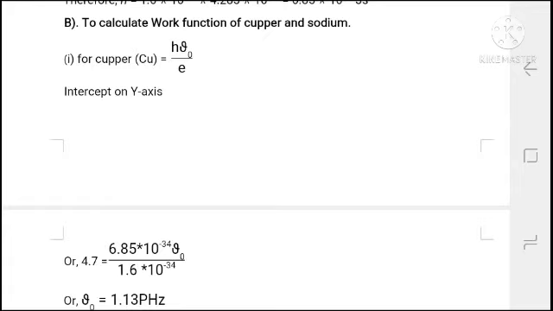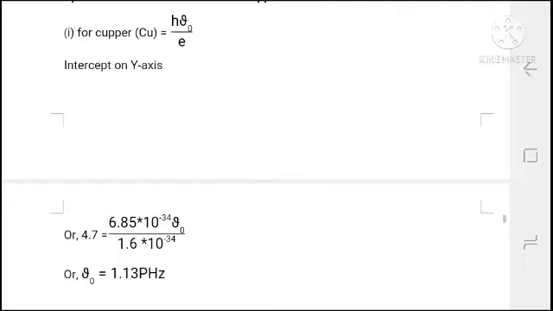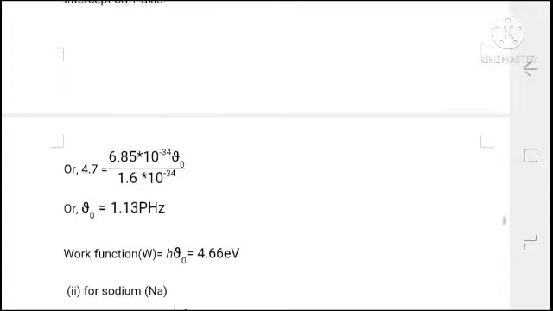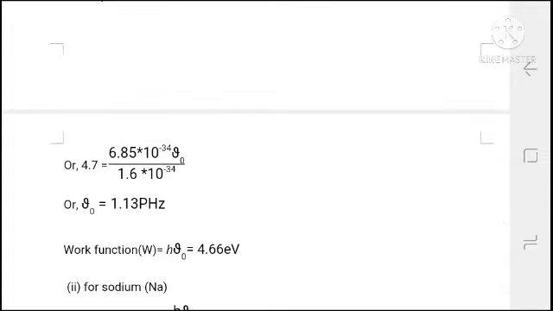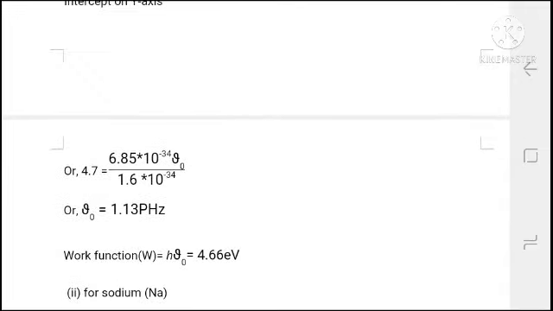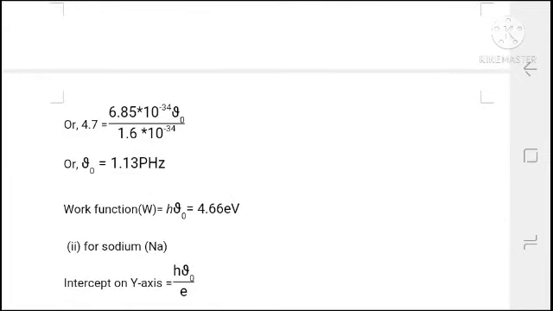We know the values of h and e and also the intercept, so we can calculate the value of ν₀ by using all the data of h, e and intercept. Then we find ν₀ is equal to 1.13 petahertz for copper. So finally we calculate the work function: W is equal to hν₀.